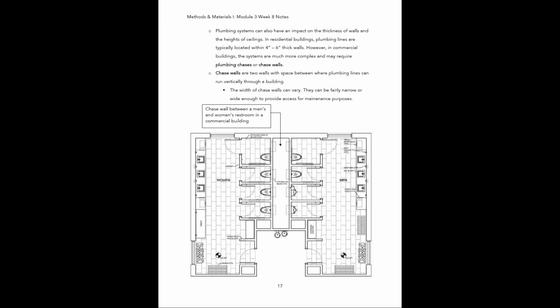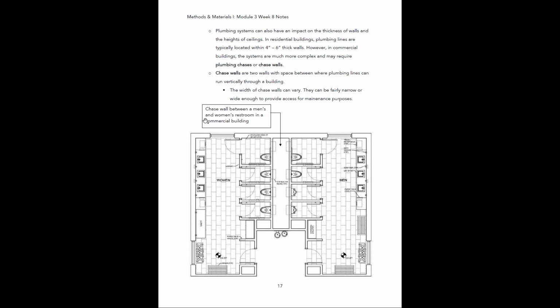And then sometimes, depending on where this is located in the building, you might have on the end of this wall here, so you have two walls, if this is spaced wide enough apart, let's say on this wall, you would have a door where a maintenance person could actually go into this chase and they could perform maintenance tasks on whatever plumbing is in there.